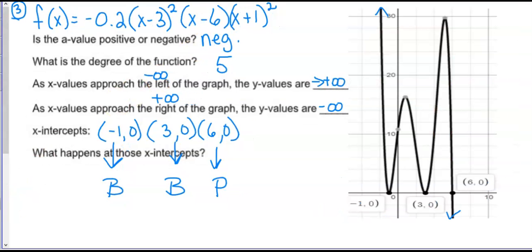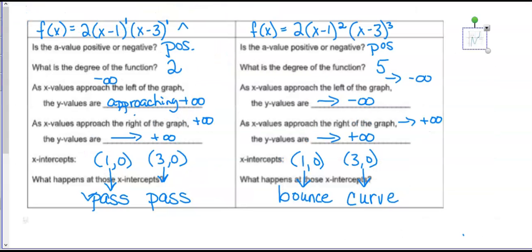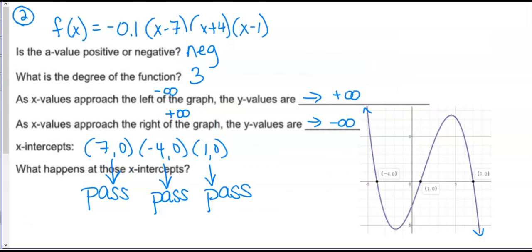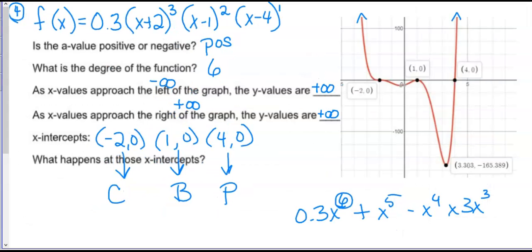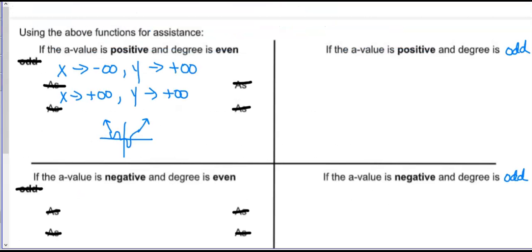Okay, what if the a value is negative? We don't have one like that. There may be one that you're going to do, but we don't have an even degree and a value negative. I bet you know, though, from your parabola. So if the a value is negative and the degree is even, anytime the degree is even, the y's are going to go the same way. Okay, so here's what your sketch will look like. I'll just draw like here, right here. Your arrows are going to go this way at the end.